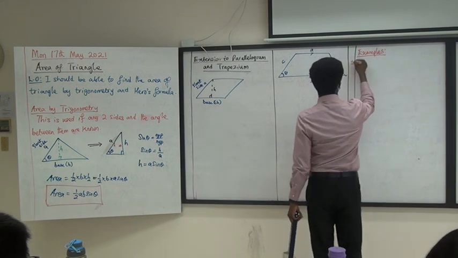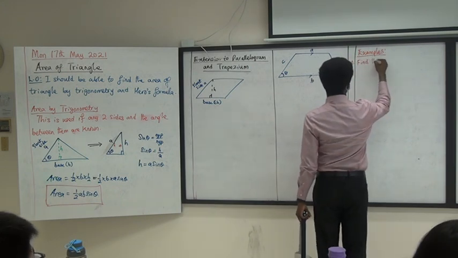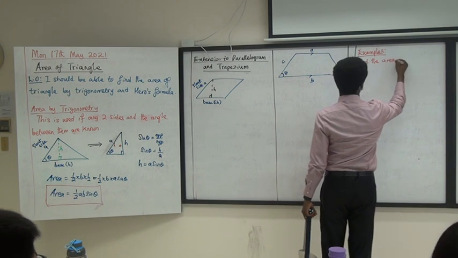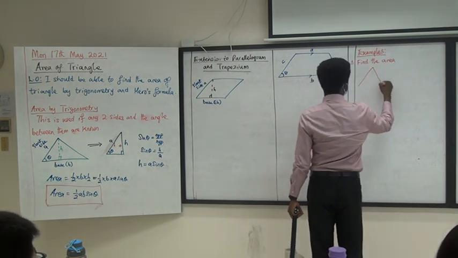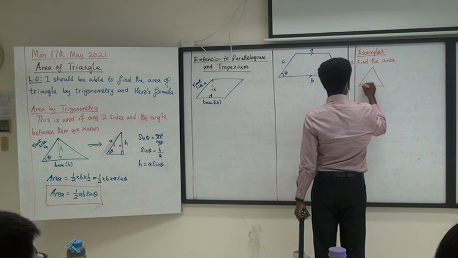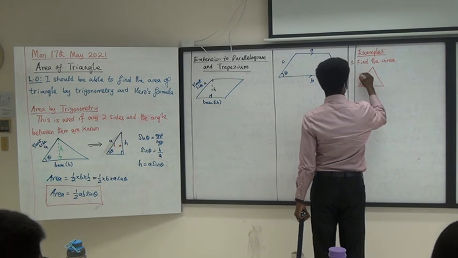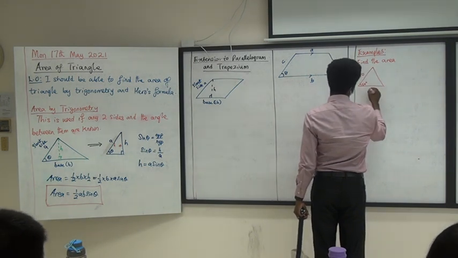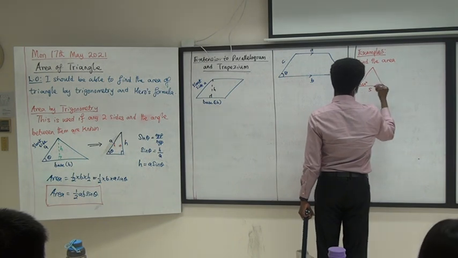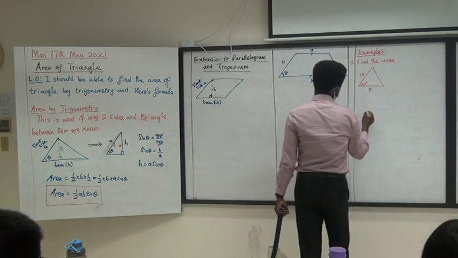So, find the area. Let's say this is a shape, this is 60 degrees, this is 10, maybe this is 5, for example. Another shape.